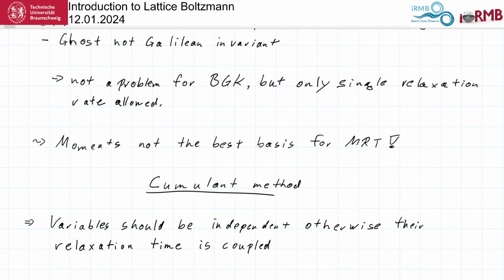However, in MRT, the basis of MRT is the assumption that two things evolve in different timescales. So this implicitly requires that these things are uncorrelated, so that one variable does not automatically follow the other variable.